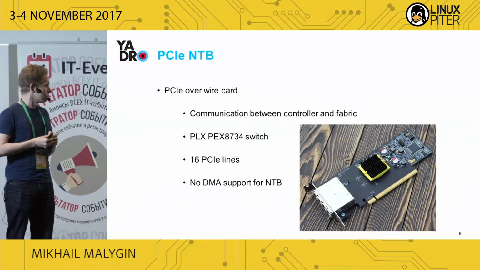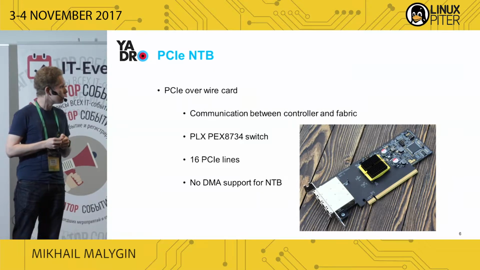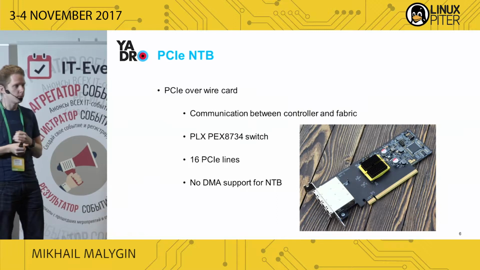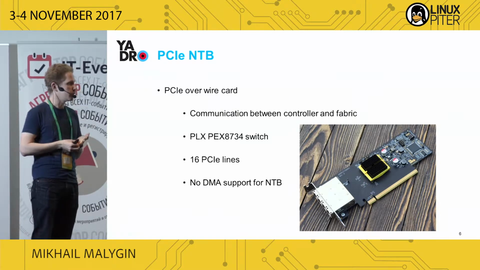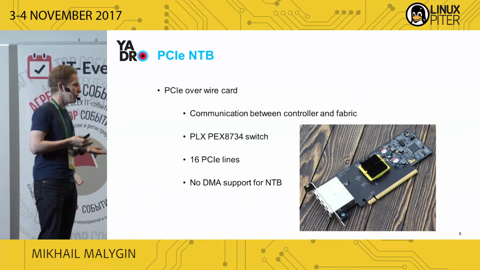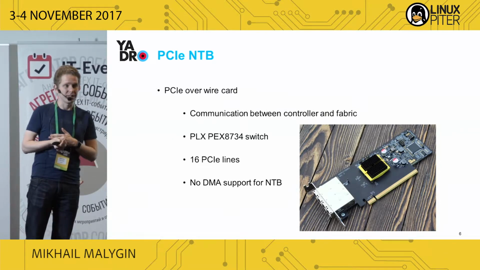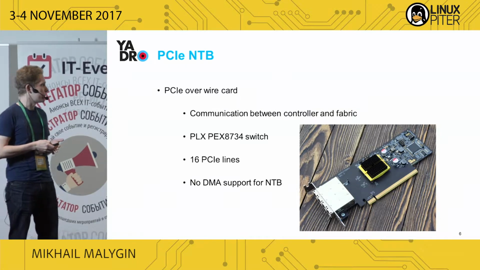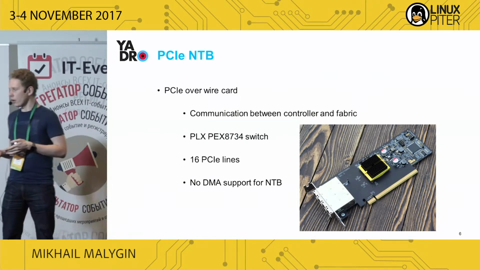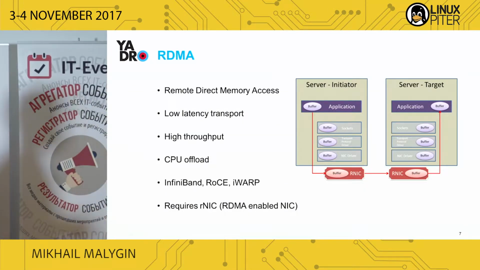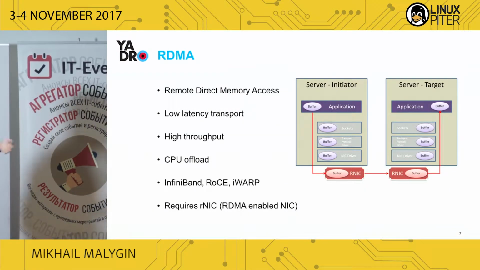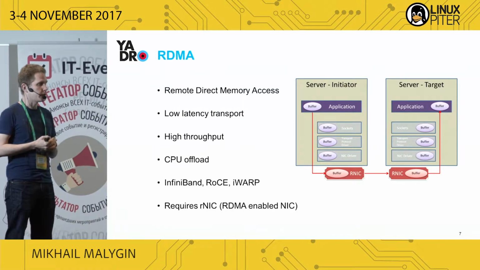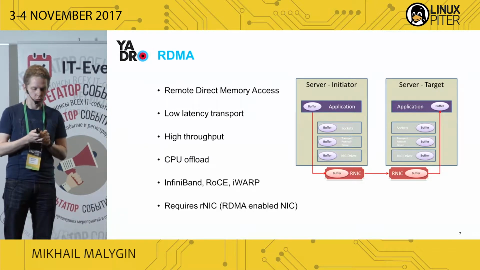There are 16 lanes of PLX Express, and it is connectable with NTB, but our switch is not very compatible, so the working speed was too low for NTB. It was not optimal, so we decided to look into RDMA. TCP we left for the future. So what is RDMA?